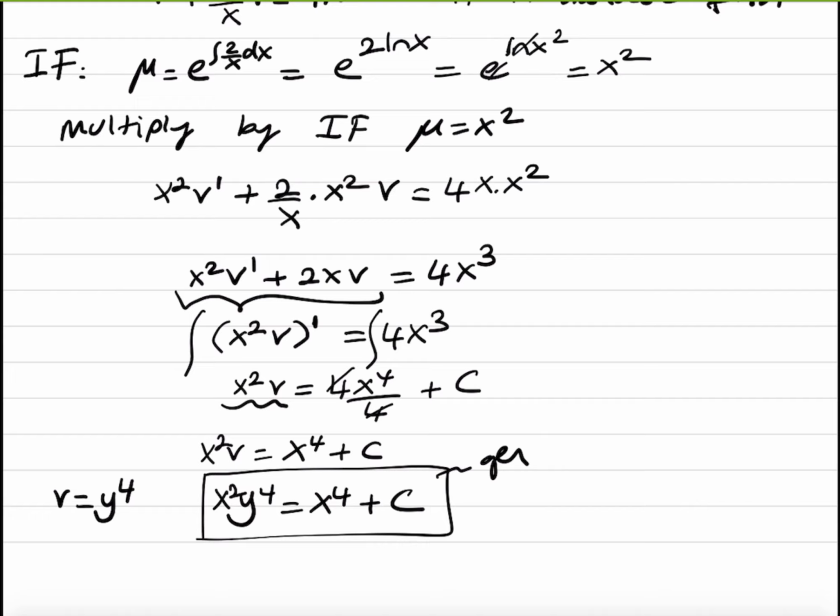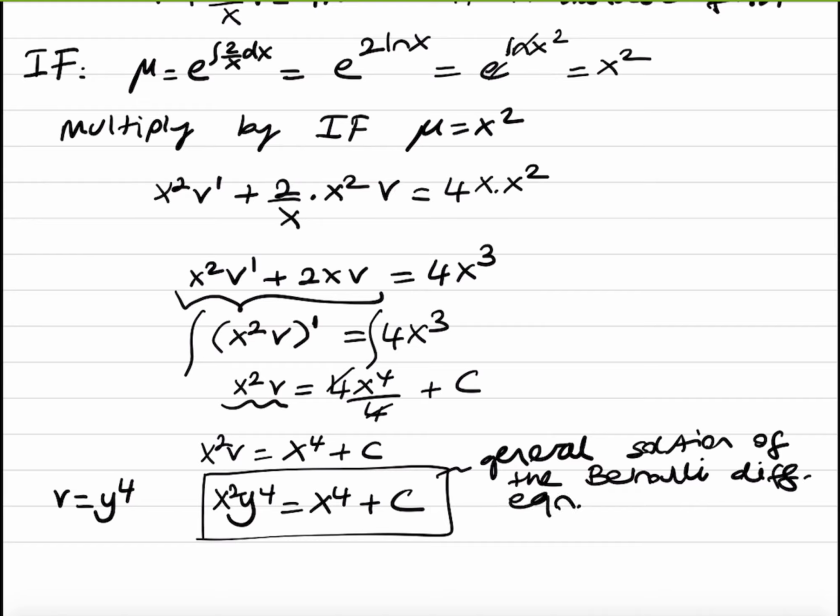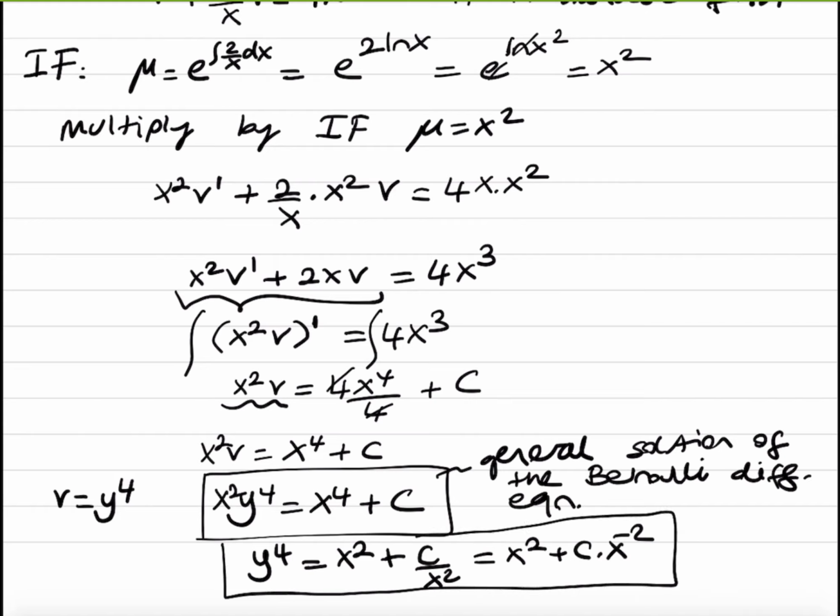This is the general solution of the Bernoulli differential equation. You can divide everywhere by x squared also, x squared plus c over x squared, or you can write it like this, c times x to the power minus 2 also.